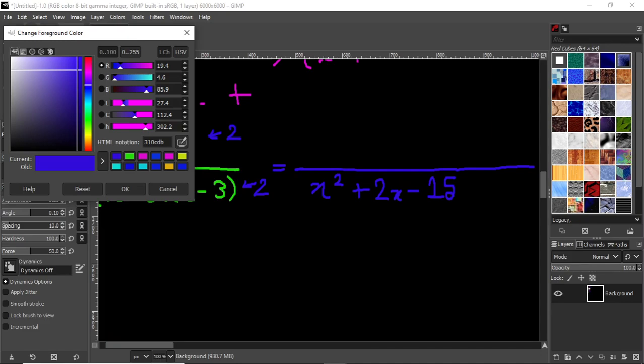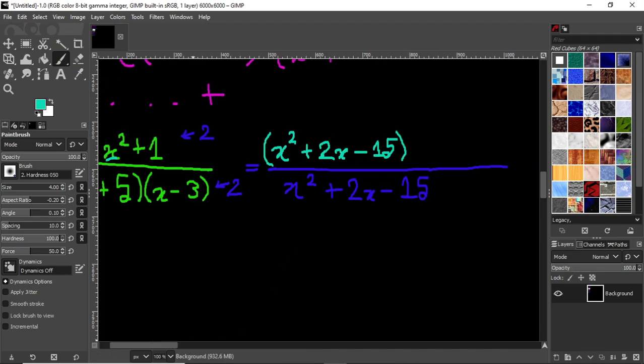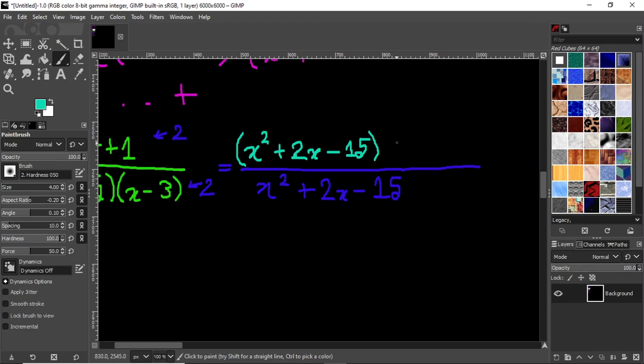So let's see, x squared, we have that here. I'd add a 2x here, and I'd subtract a 15. And since I added a 2x, I need to subtract a 2x, right?